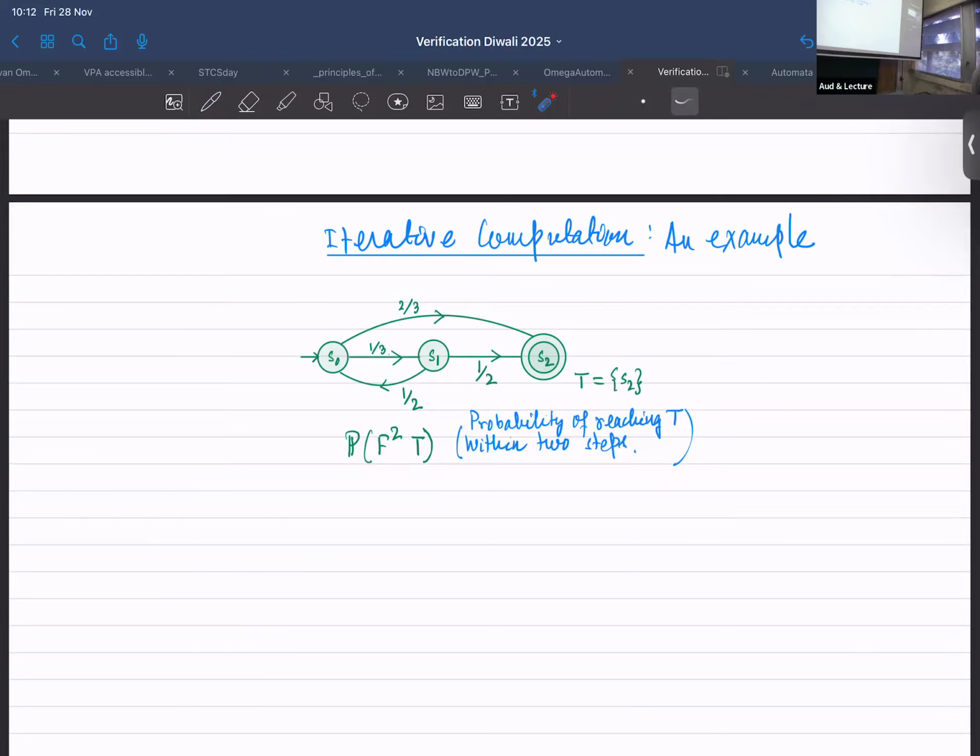From state S0, I would like to reach S2 in at most 2 steps. You can see this and get this very easily: 1/6 plus 2/3, you get some number. But I want you to do this with the iterative computation: you set 0, multiply with the A, and then add the B. Can you do this and tell me what you get?